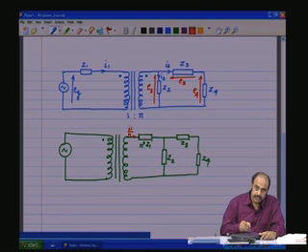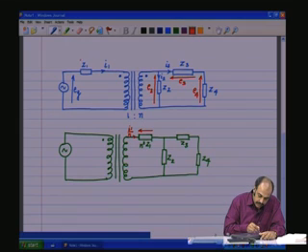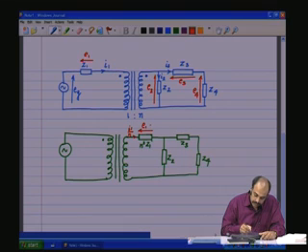And what is the voltage across Z1? Here the voltage across Z1 was E1, and here it would be E1 into n. All parameters now shifted to the secondary side.